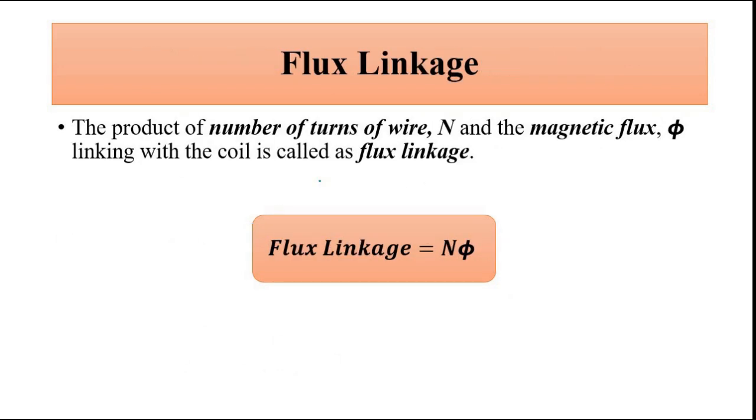Then we have flux linkage. Let us say we have an inductor, which is basically a coil consisting of a number of turns. Then we have a magnetic flux, a magnetic field.